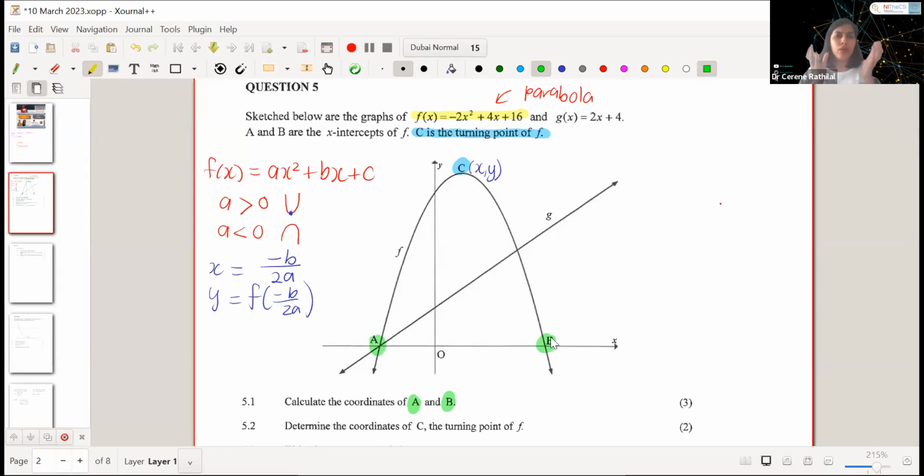Can you tell me, what do A and B on this picture actually represent? I can see that A is a coordinate on the parabola, but A is also a coordinate on the straight line. But then I look at B, and I see that B is a coordinate on the parabola. So what is common between these two points, A and B? Well, these coordinates are points on the graph of the parabola, but what else can you tell me?